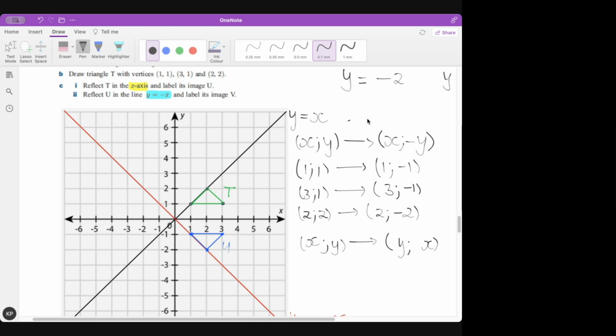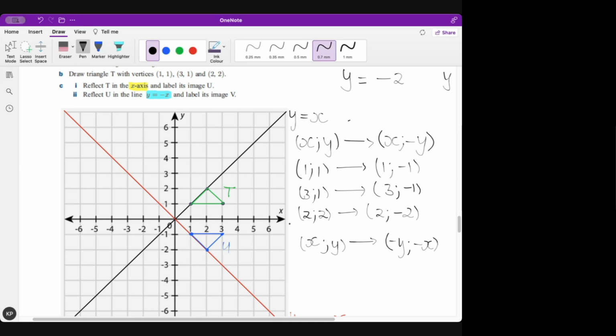But what else are we going to do? We're going to change the signs. So it's negative y and negative x. Oh, isn't that interesting, guys? So first, we swap them, and then we change the signs. Does that make sense to you guys?